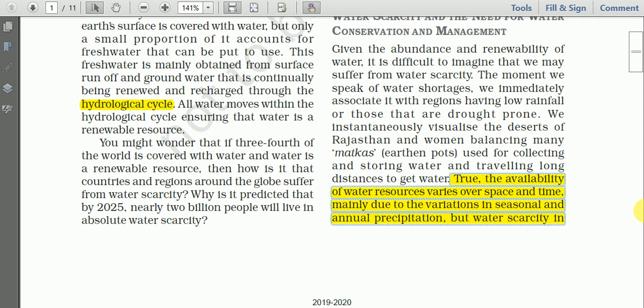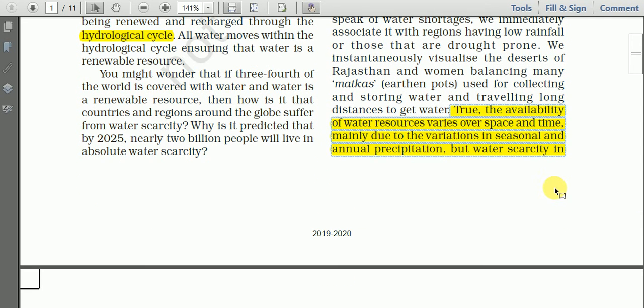Then another point is that in some parts of India like Rajasthan, then Ladakh area, we have scarcity of water due to spatial variation in the amount of rainfall. You know, in Rajasthan area, the amount of rainfall is less than 25 centimeter per year. Likewise, Ladakh also.